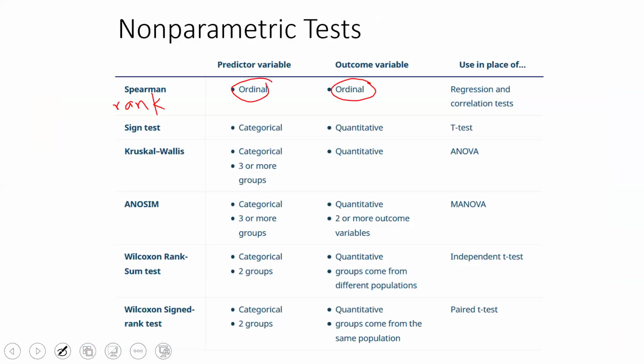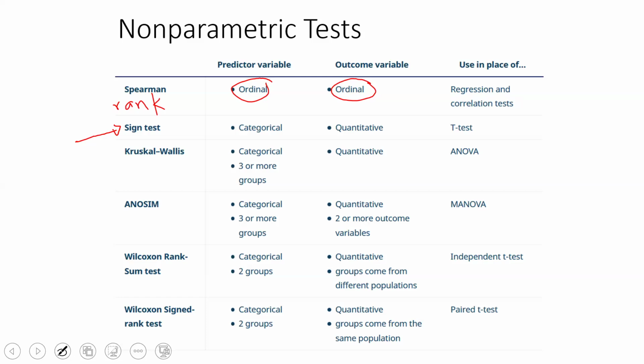A sign test is the variant of a t-test if your variable in the t-test is not normal. You use a sign test. And I said Kruskal-Wallis is the variant of an ANOVA where your variable is not normal.